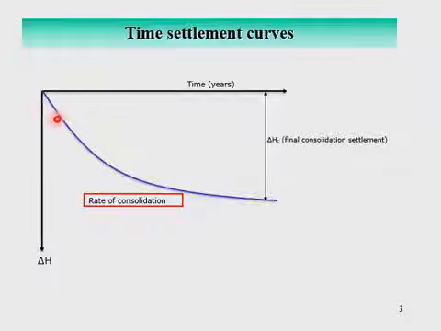But what amount of consolidation occurs at how much time, when we would reach this final consolidation settlement, and how many years would a particular amount of consolidation settlement take, right? This is the theme of this lecture.